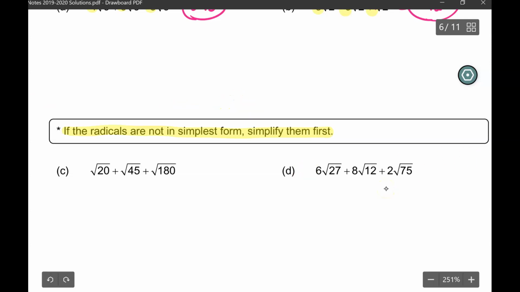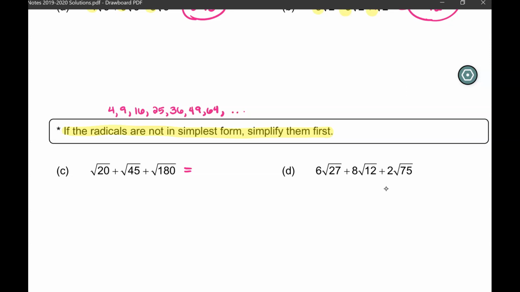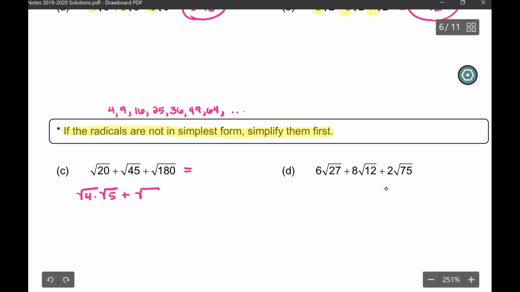All right, so again, we're thinking back to those perfect squares: 4, 9, 16, 25, 36, 49, 64, and so on. All right, so what's the largest perfect square that goes into 20? That will be 4. So we rewrite this as square root of 4 times square root of 5. The largest perfect square that goes into 45 is 9. So 9 times 5.